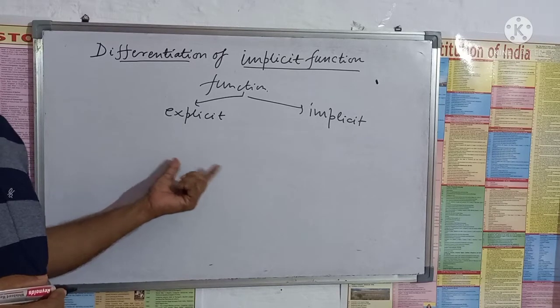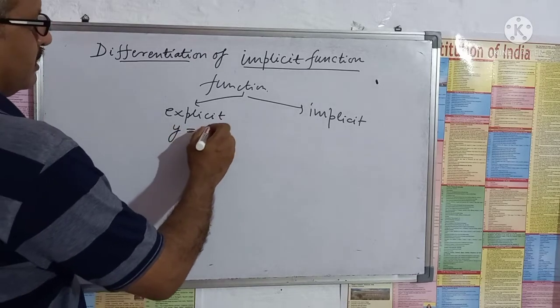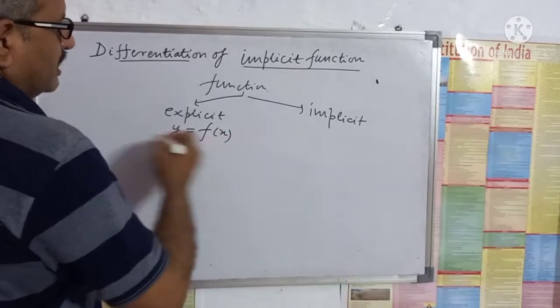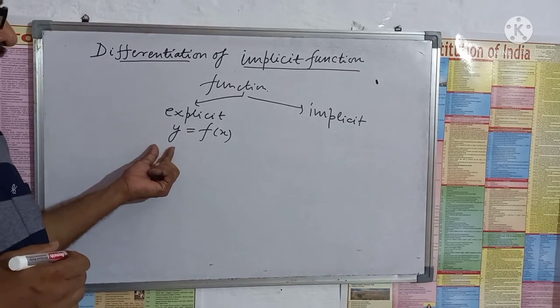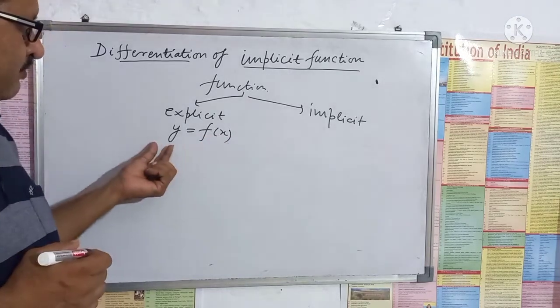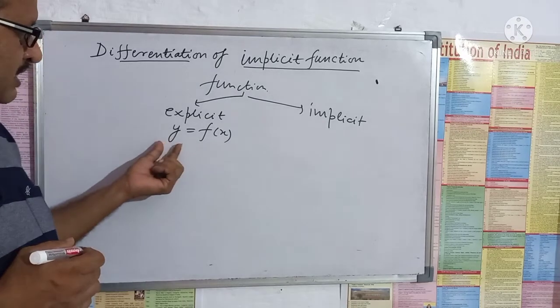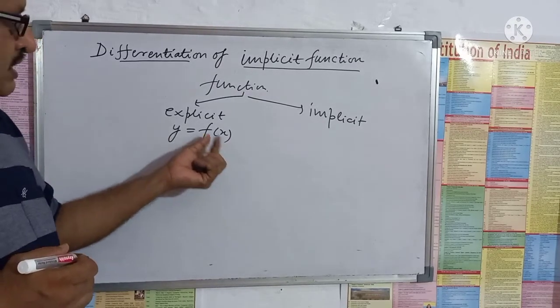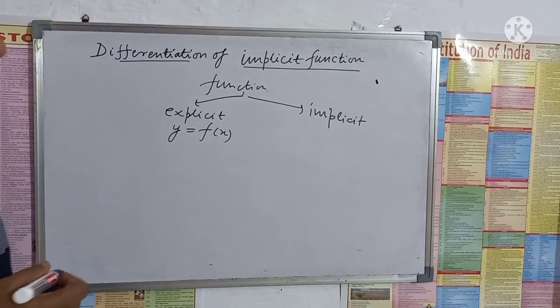Y is dependent, x is independent. So if a variable y can be expressed in terms of x, if y can be expressed purely in terms of x, it is represented as y is equal to f(x). So it is an example of explicit function.